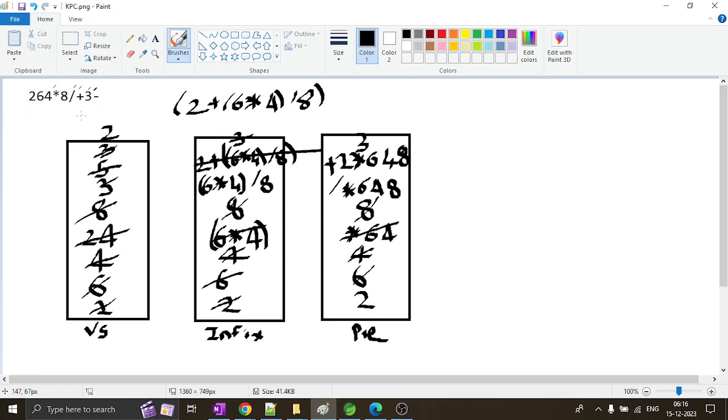Operation is minus 3. Then we will push this as well. So we push minus plus 2 times 6, 4, 8, and then 3.